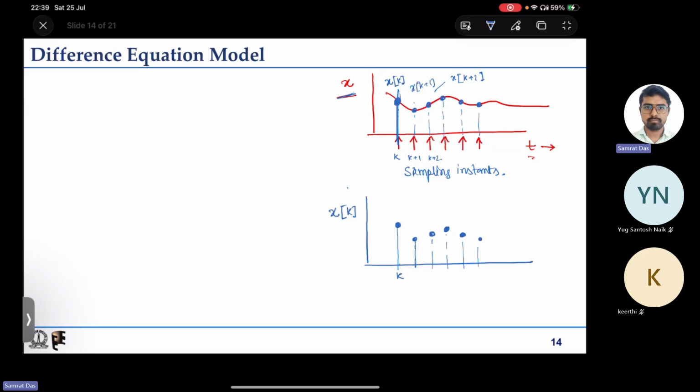Now obviously whatever samplings are being done, so k plus 1, k plus 2, they have some frequency. So we are doing it after a constant amount of time. So the time between the two is a constant, a fixed time difference between the two samplings. That means we are sampling at a constant sampling frequency.